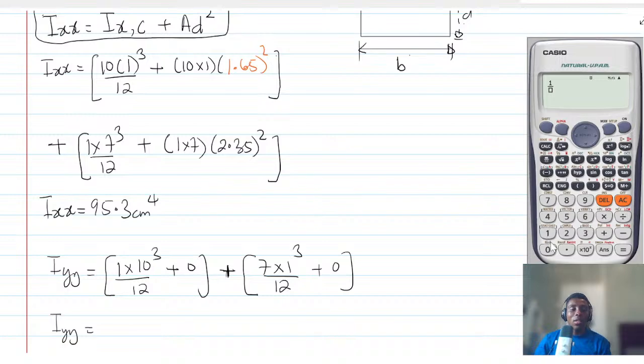So 1 times 10 cubed divided by 12 plus 7 times 1 cubed divided by 12.